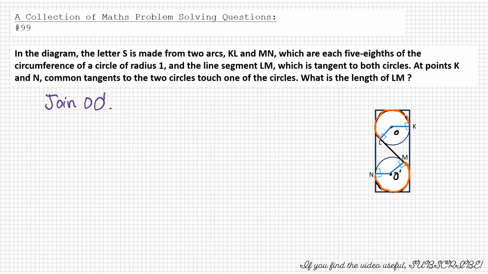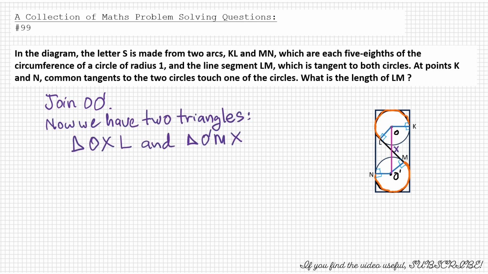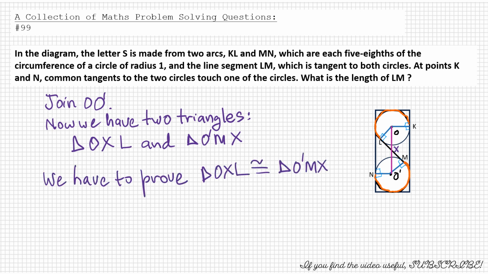So next we join O and O dashed, and when we do that, we have got two triangles now, OXL and O dashed MX. The next step is we have to prove that triangle OXL and triangle O dashed MX are congruent.